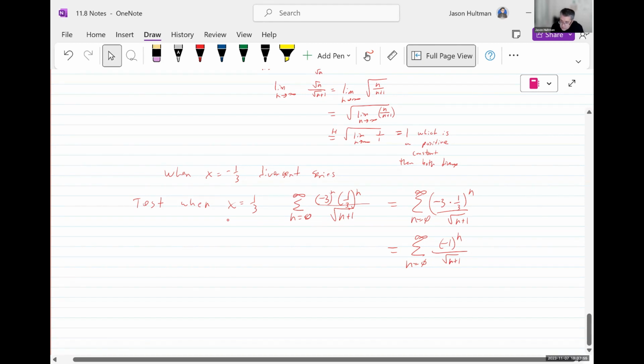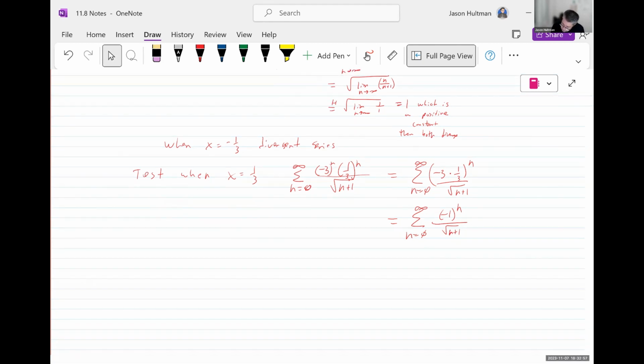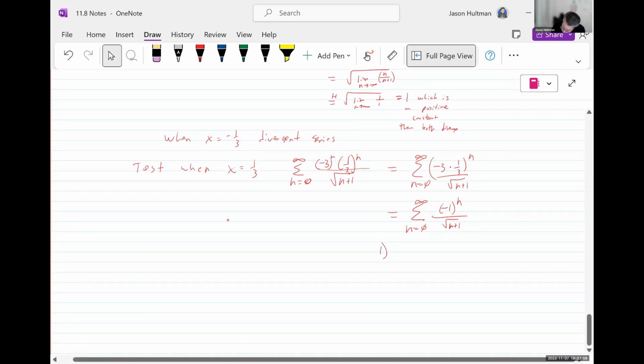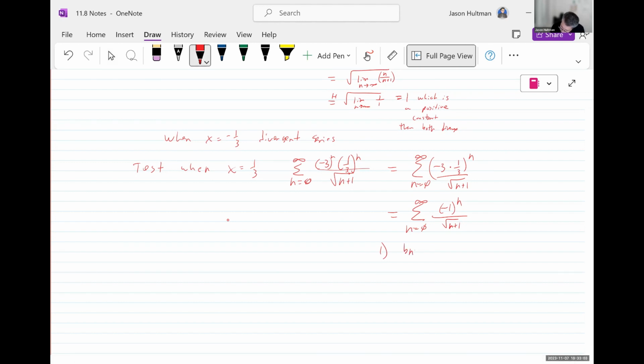So now this is an alternating series. And so I just need to know two conditions. The first is, are all the terms decreasing? Is b sub n plus 1 less than b sub n? Well, let's see. Is 1 over the square root of n plus 2 less than 1 over the square root of n plus 1?